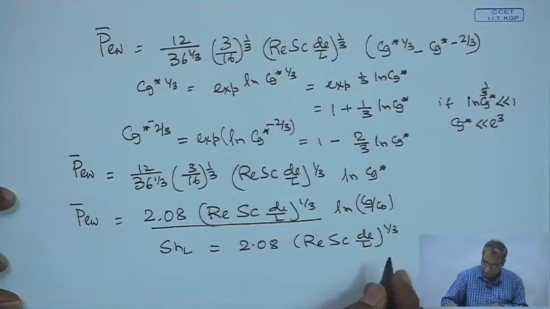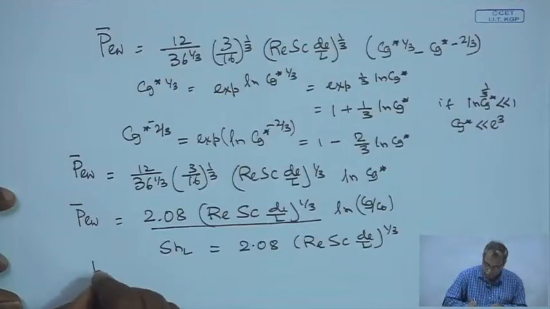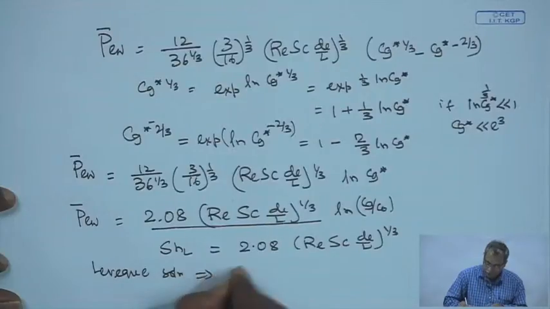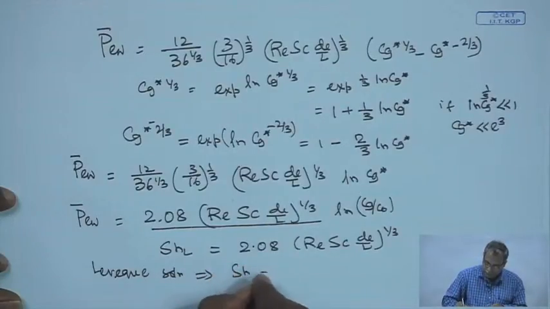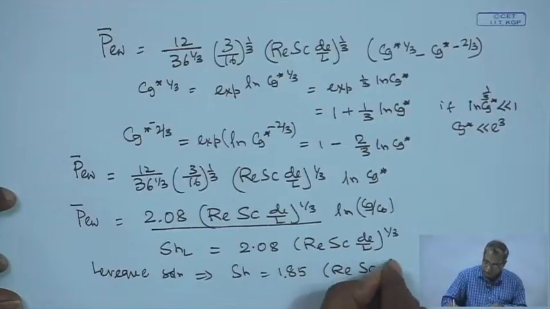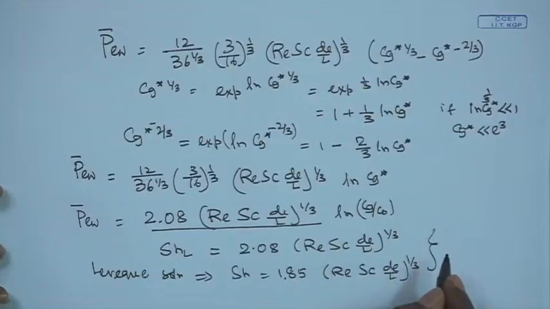For the case of laminar flow, for the Leveque solution, we have Sh equal to 1.85 Reynolds Smith d by L to the power 1 upon 3. So, whenever we consider a developing mass transfer boundary layer, one can expect around 12% enhancement of permeate flux out of the system.